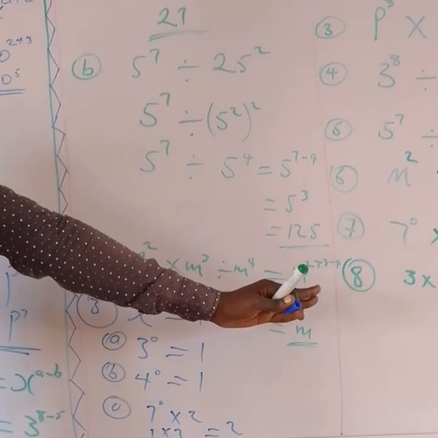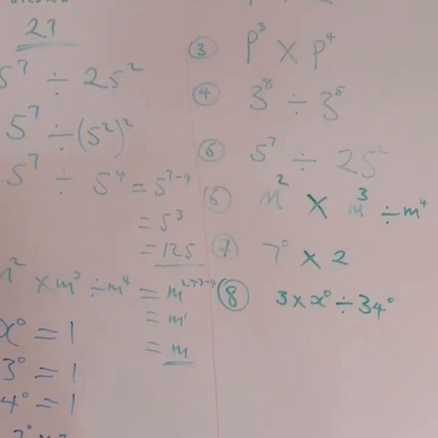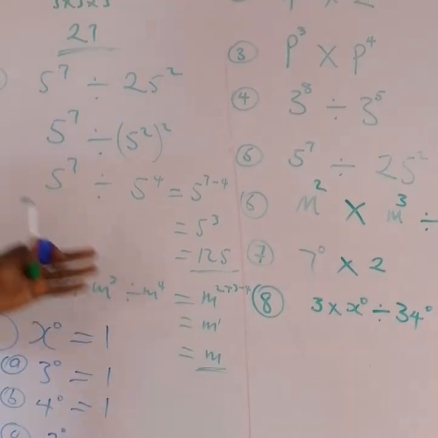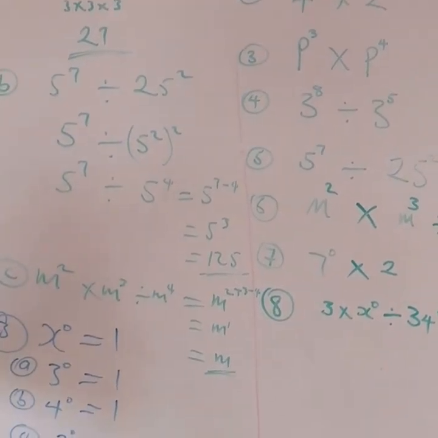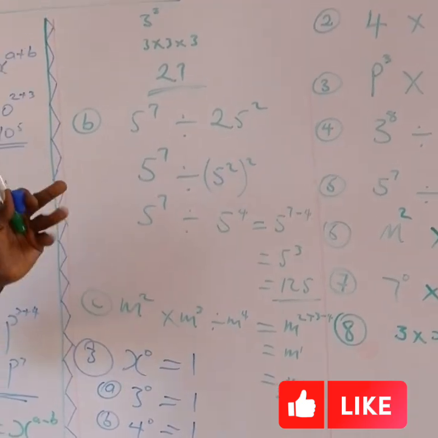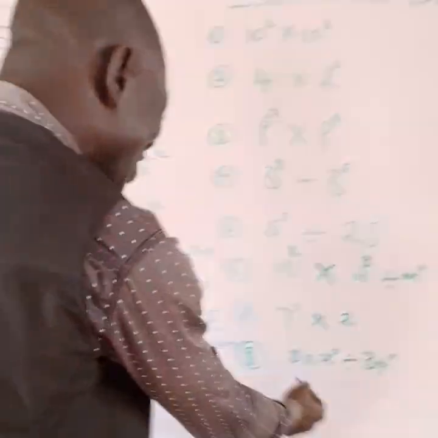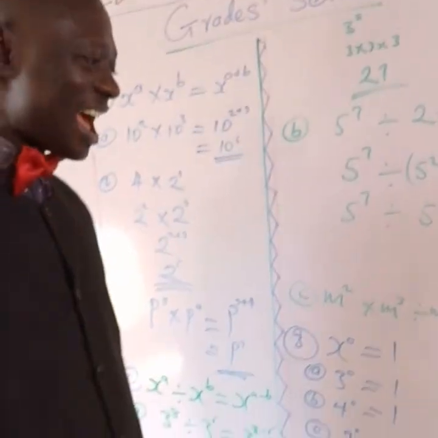Let us equally extend this our law to law number 8 now. This time around we're going to be picking law 1, 2, 3 combined here. And so I think we are going to use it to answer this number 8 question here.